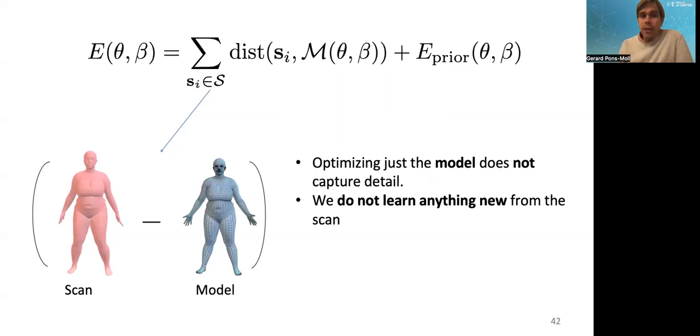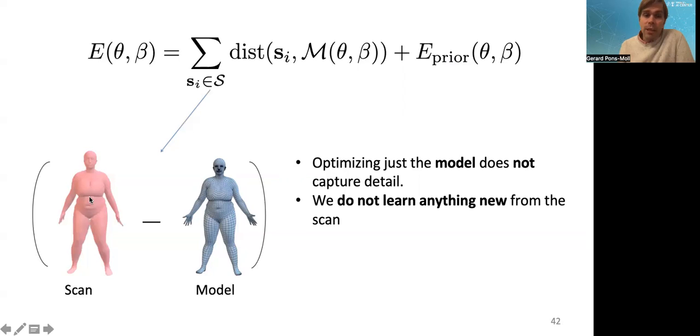Instead, we could use, for example, this simple model, and let's assume that we have some estimate of the simple model, and we could basically minimize this distance, not with respect to the registration itself, but with respect to the model M. And then we would not optimize the vertices, but we would optimize the shape and pose parameters directly. Well, the problem if you do this is that the model does not capture the detail that you have in the scan.